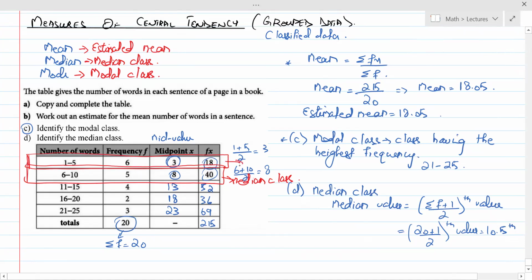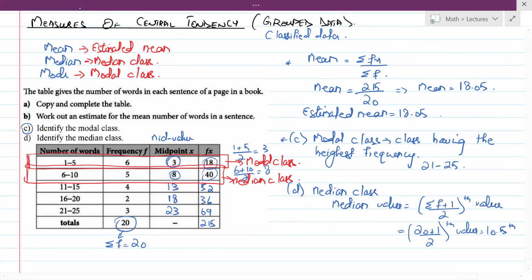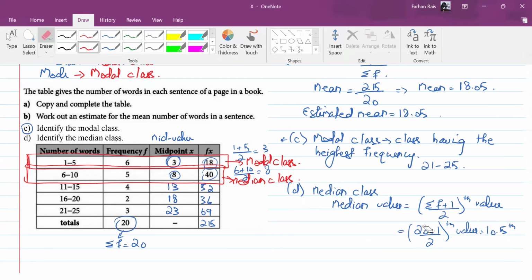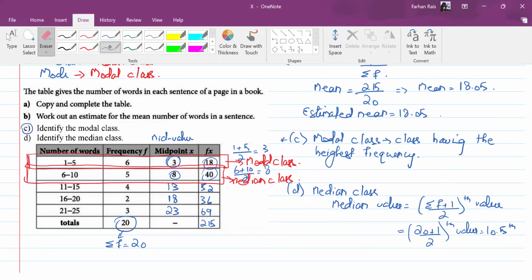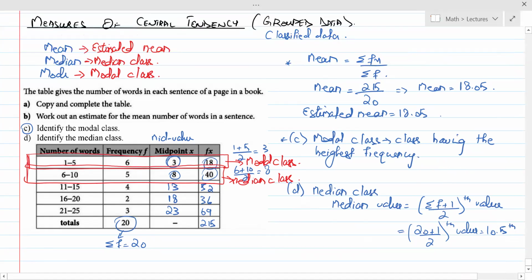This is the modal class for us. So modal class, I may recorrect it. Modal class is 1 till 5. And the median class is 6 till 10.